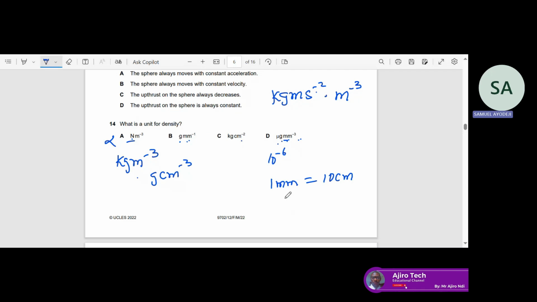Let me confirm that 1 centimeter to meter is power minus 2 meter. Yes, okay, it's correct, because this one means 10 to the power minus 2. That's correct. So all this, 1 centimeter to millimeter. Okay, fine.